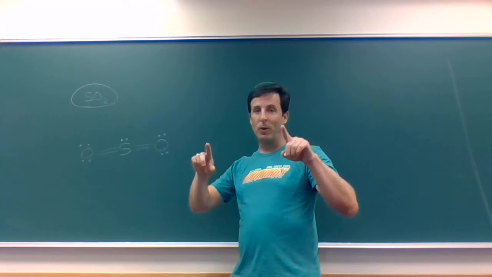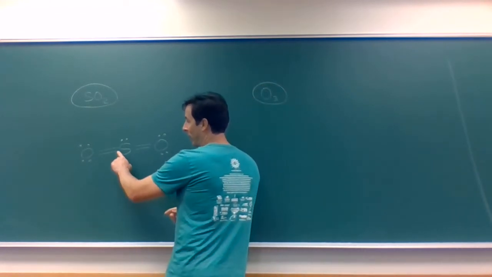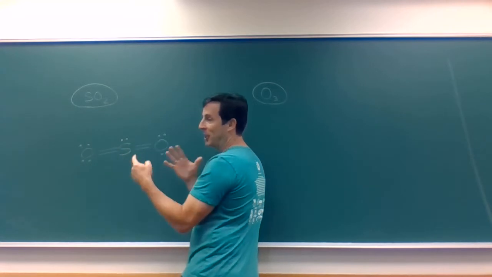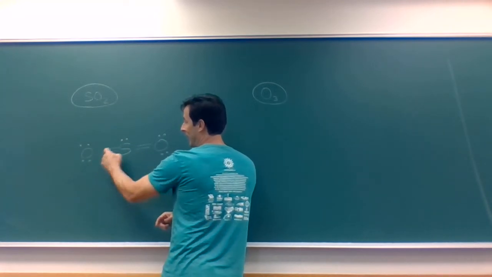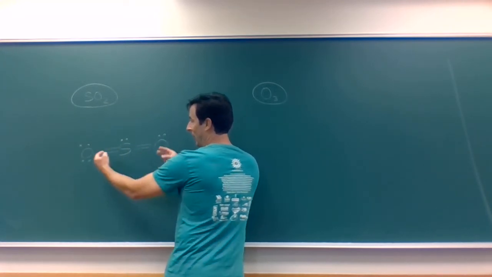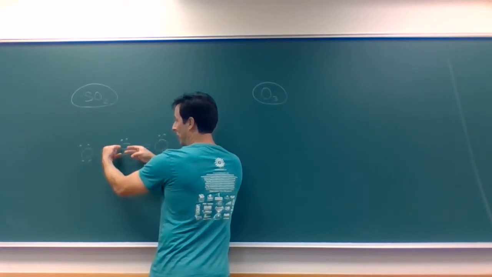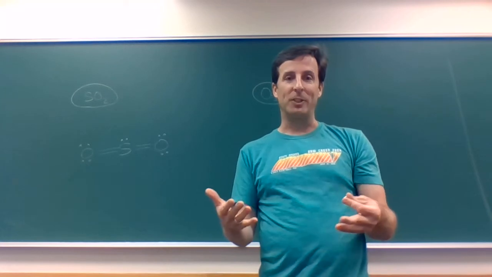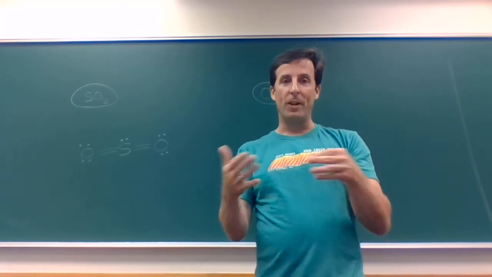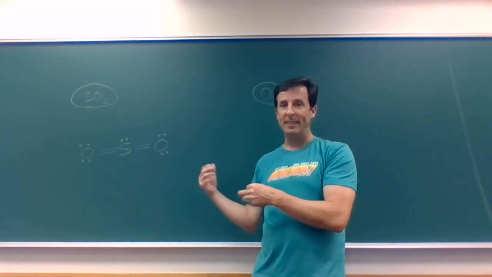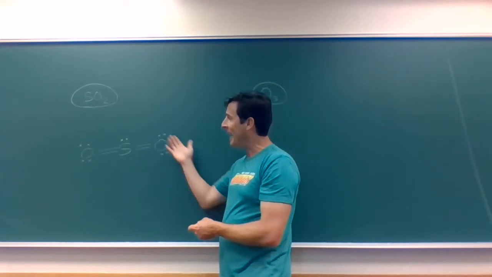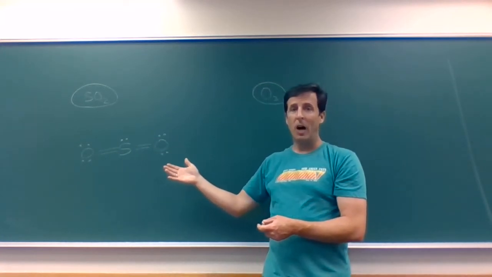Then I have to count the ones on the other side of the bond. Sulfur owns 1, 2, 3, 4, 5, 6, but it's sharing 7, 8, 9, 10. The electrons from the oxygens are also being shared with sulfur, so this sulfur atom has access to 10 electrons. That's more than 8, which is why we're saying that it exceeds the octet. Okay, so that is the structure of SO2.